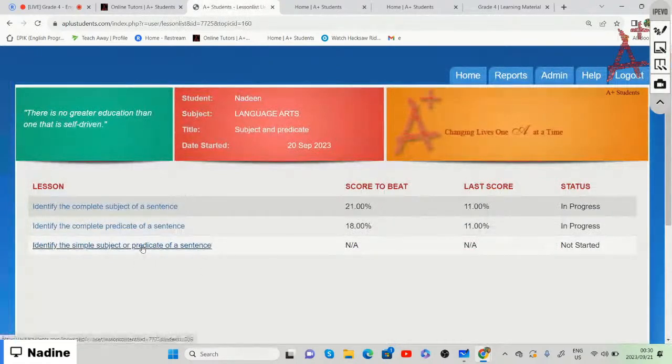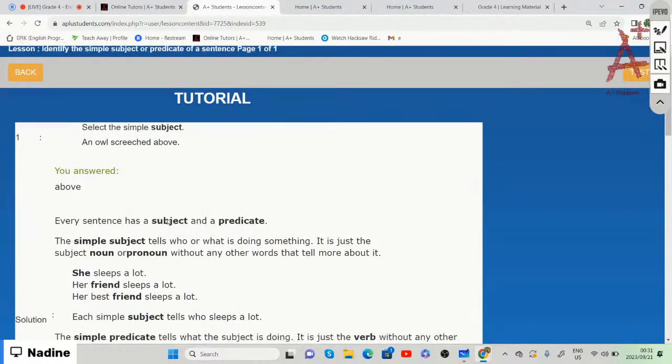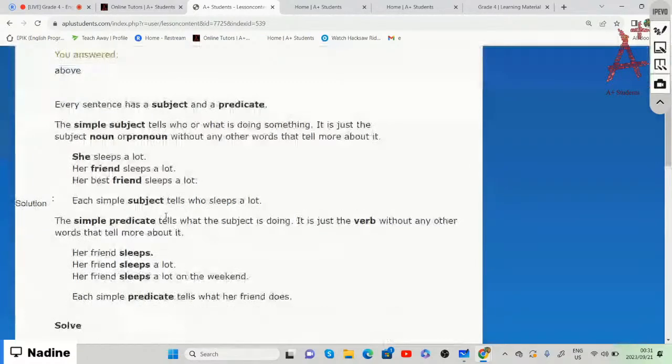All right, so now we're going to identify simple subjects or predicates of a sentence. Every sentence, once again, has a subject and it has a predicate. It has somebody or something that they're talking about, and it has the action that this subject, someone or thing, is doing.